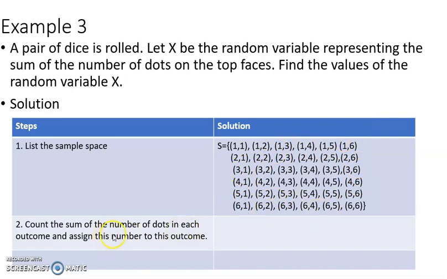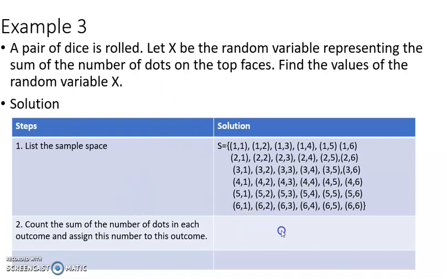Next, count the sum of the number of dots in each outcome and assign this number to this outcome, because we are interested in the random variable which represents the sum of the number of dots on the top faces.